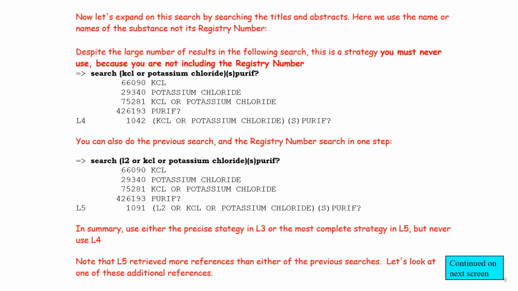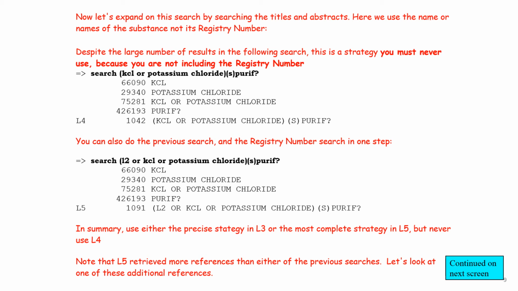The reason for that is that you are not including the registry number. You're just looking for mentions of the compound somewhere in the title or abstract. In Chemical Abstracts, for any chemical substance, the most important mention of that substance is as its registry number in the registry file. You have to take that into account.